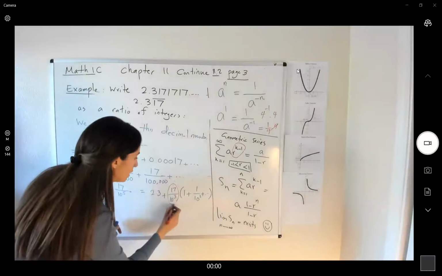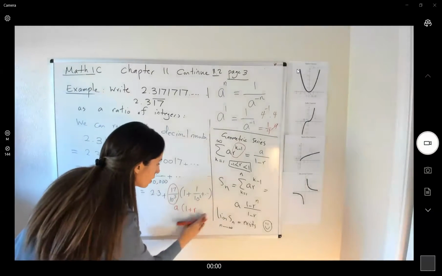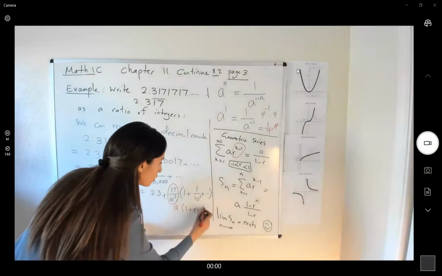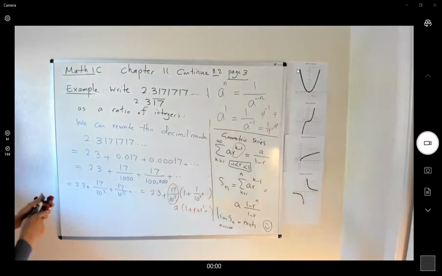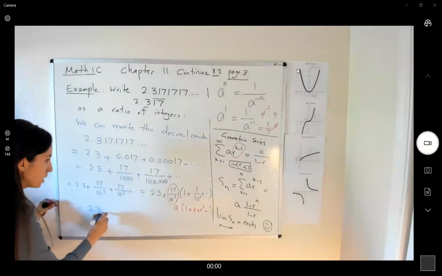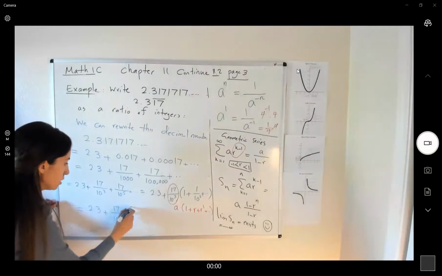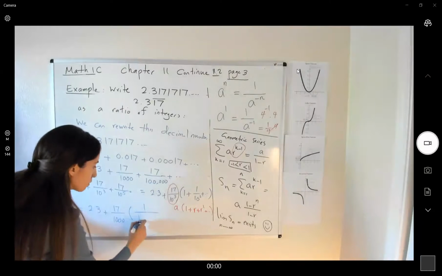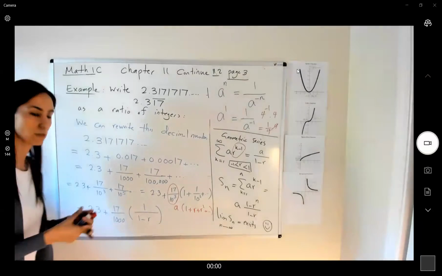This is your a, and you have 1 plus r plus r squared plus the rest. So this sum is equal to 2.3 plus 17 over 1,000 times 1 over 1 minus r. What is r? r is 1 over 100.